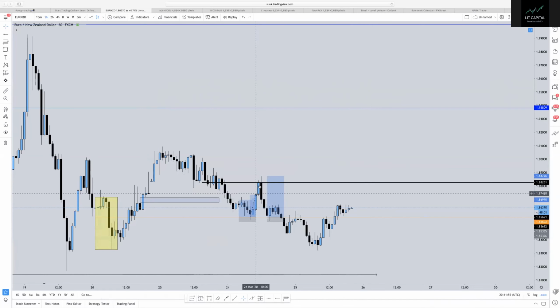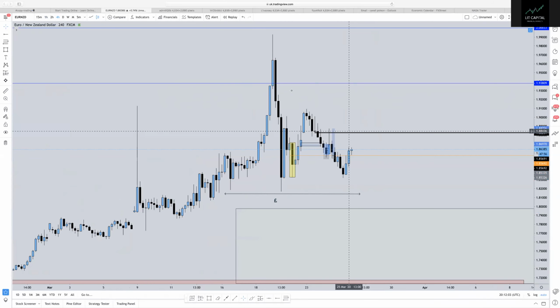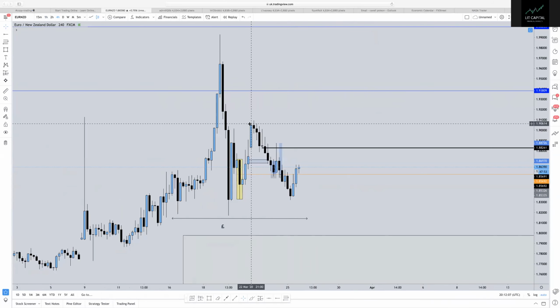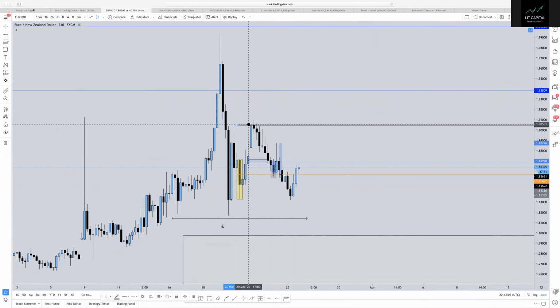This move here, although it was 300 pips, wasn't really the major move as such, compared to this one here. I do want price to come and take this high out.